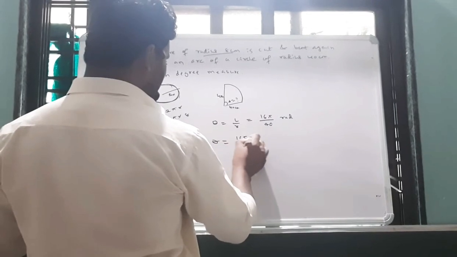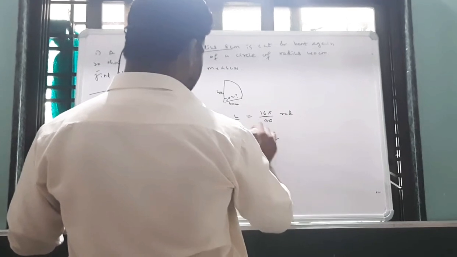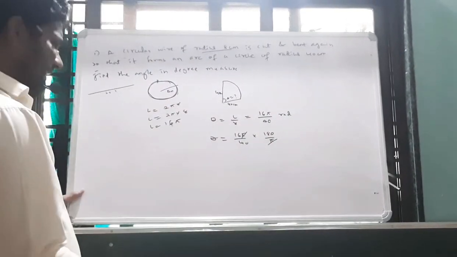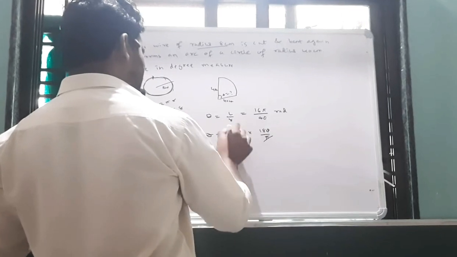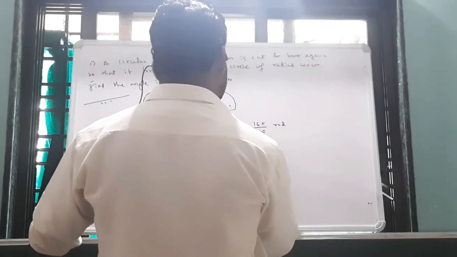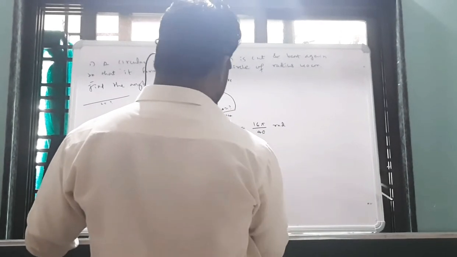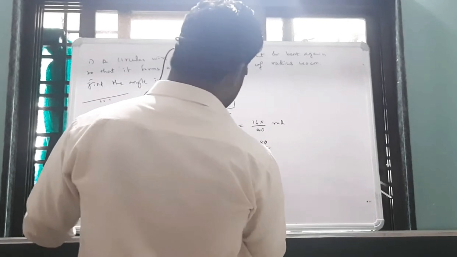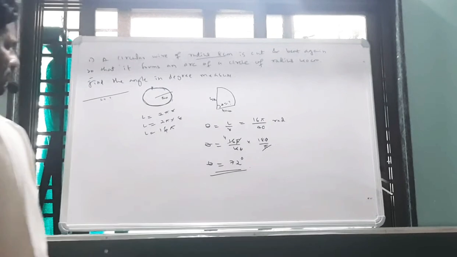So 16 pi by 40 into 180 by pi degree. Pi cancels, 8 and 40 cancel, 4 fives are 20, 18 into 4 is 72 degree. The angle at the center is 72 degree.